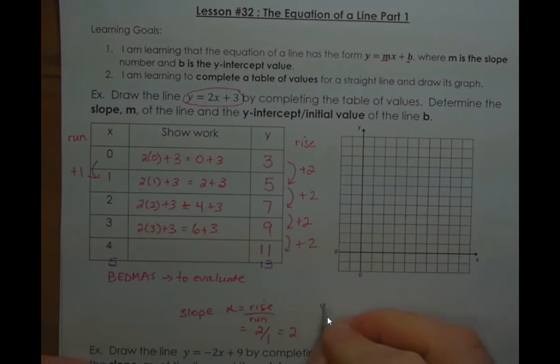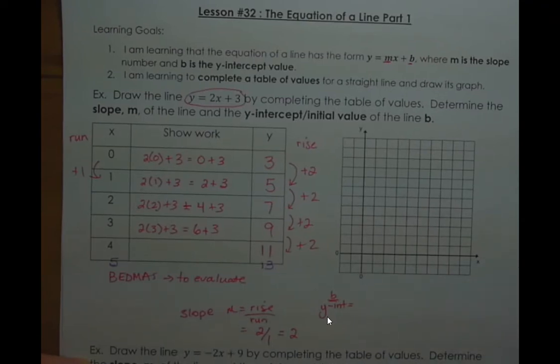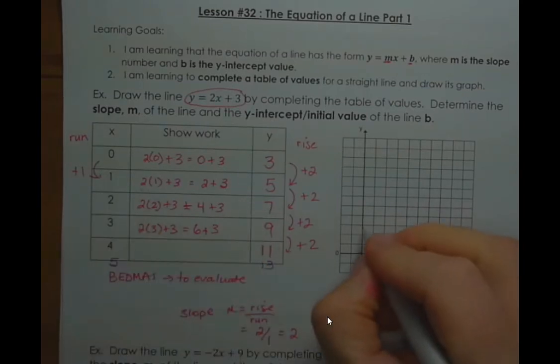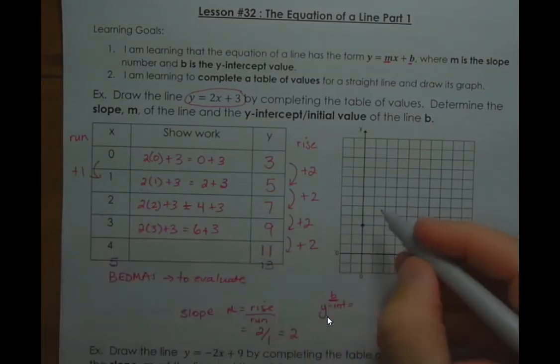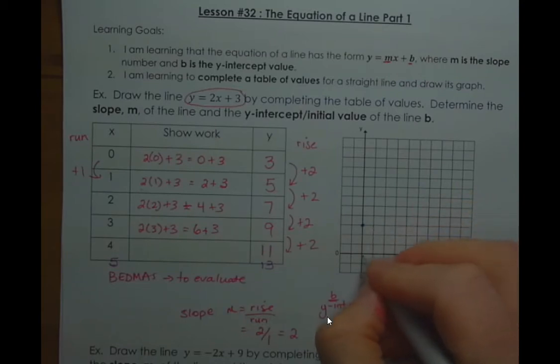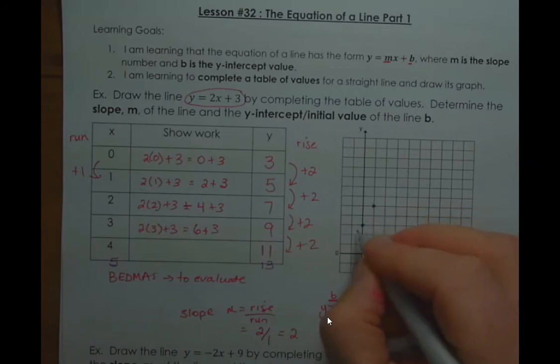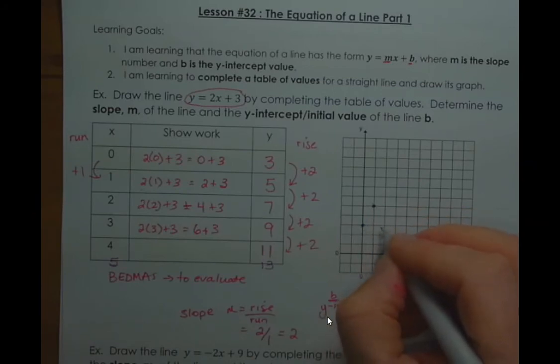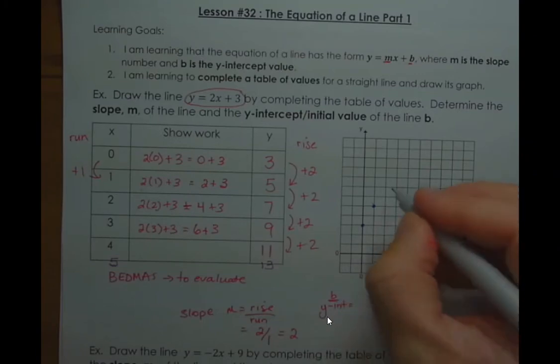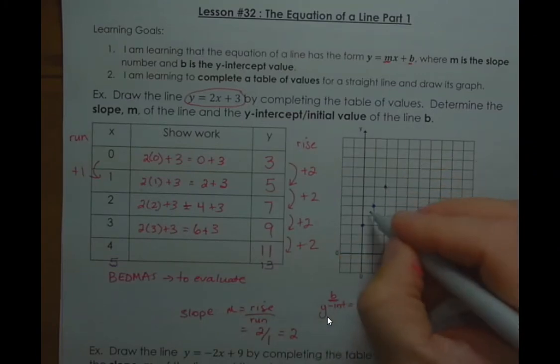The other thing is we have to find this y-intercept. So let's see if we can plot points. We're going to plot this point 0, 3, then 1, 5, over 1, up 2, then 2, 7, over 1, up 2.